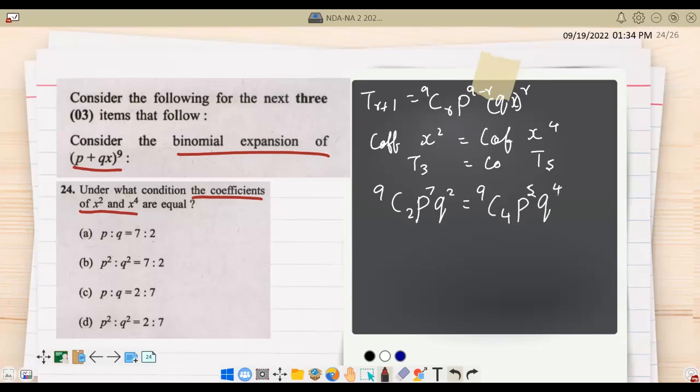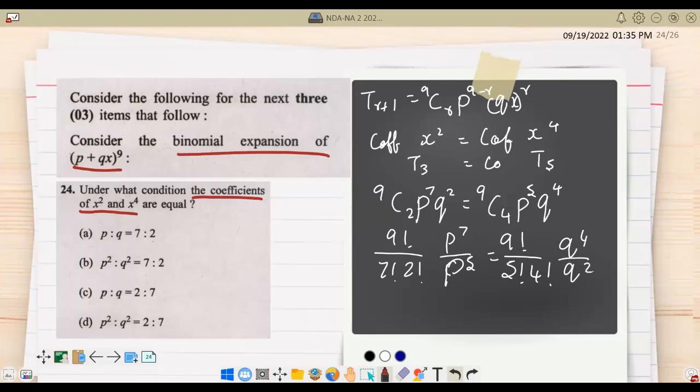Here 9C2 will be written as 9 factorial divided by (9 minus 2) that is 7 factorial, 2 factorial. Then we'll take P to one side. So P to the power 7 divided by P to the power 5. Here it will be 9 factorial divided by (9 minus 4) that is 5 factorial, and 4 factorial. So here it is Q power 4 divided by Q square.